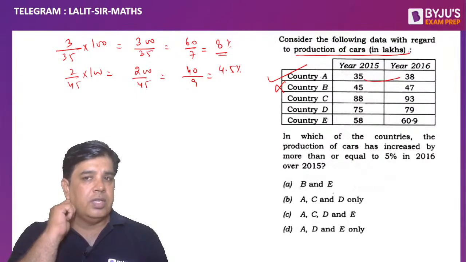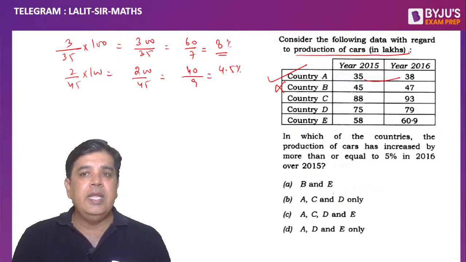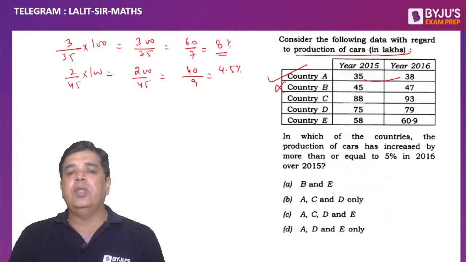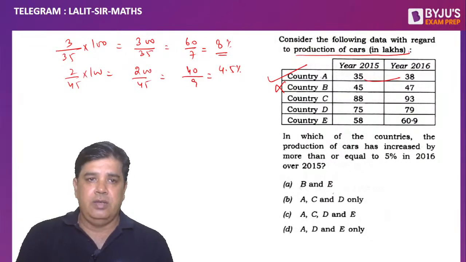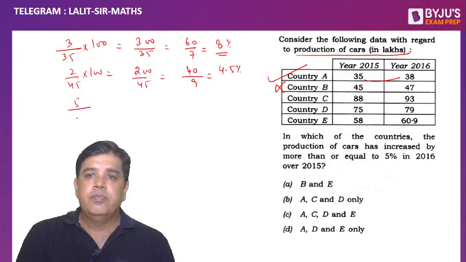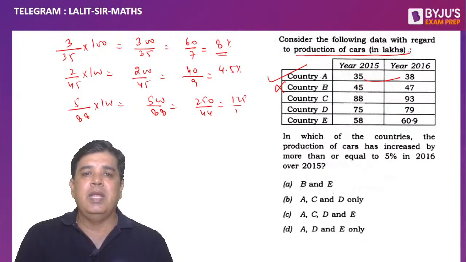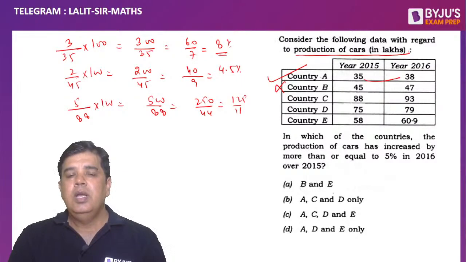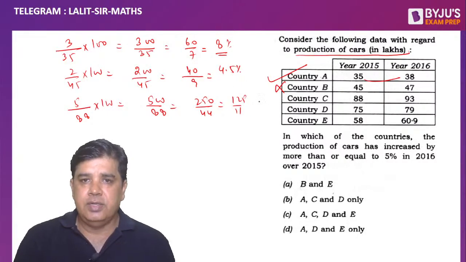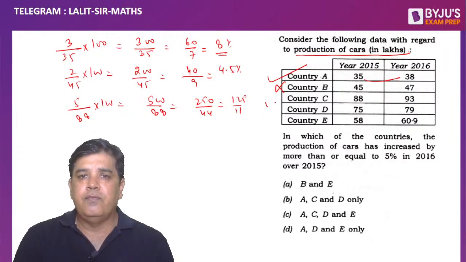No, B is not that country. C, 88 and 93, increment of 5 on 88 into 100. So 500 by 88, that is 250 by 44, 125 by 11, again more than 5%.